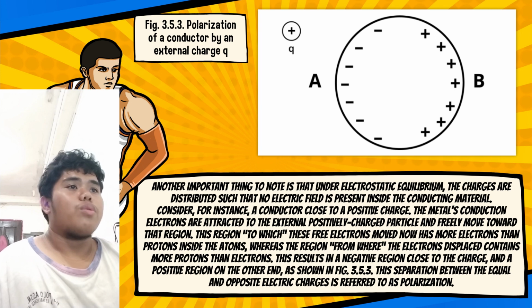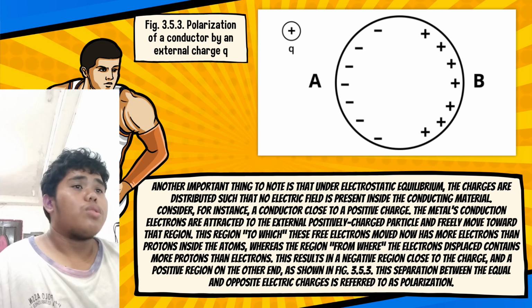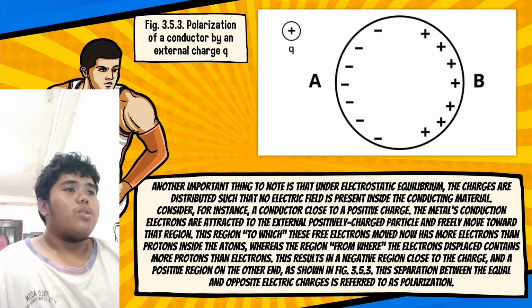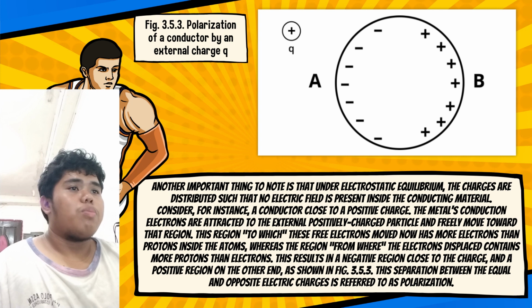Another important thing to note is that under electrostatic equilibrium, the charges are distributed such that no electric field is present inside the conducting material. Consider, for instance, a conductor close to a positive charge. The metal's conduction electrons are attracted to the external positively charged particle and freely move toward that region.